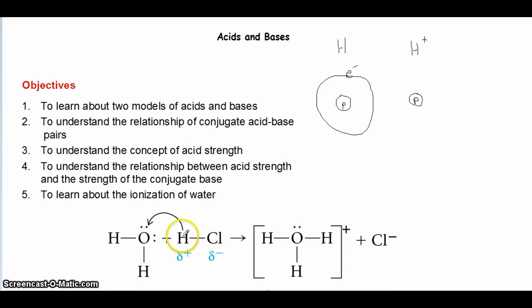And hydrogen says, hey man, you're not sharing any electrons with me, so he leaves and attaches to the oxygen. What you get after that is called a hydronium ion, and then you get a chloride ion floating there. Not that he's just floating around, but these guys are going to dissolve in the solution.